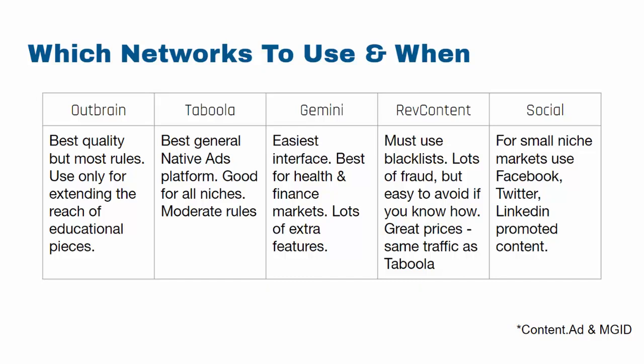But think of Outbrain for when you want to just really power up a blog post or some other form of educational content. Taboola is the best general native ads platform. It's the one that's good for all niches. They have a moderate amount of rules, enough rules to keep the quality good, but not so many rules that it's really hard to use their platform.